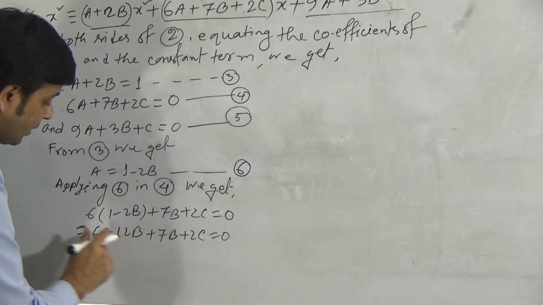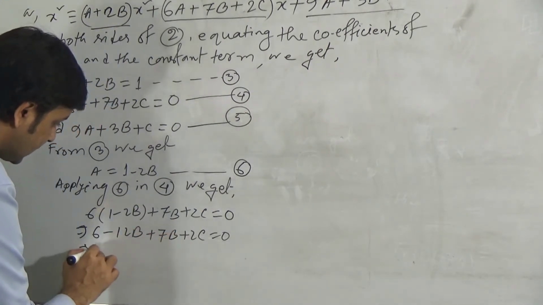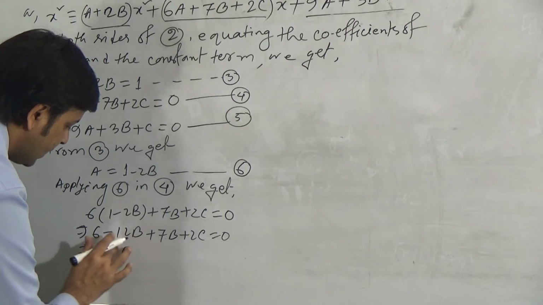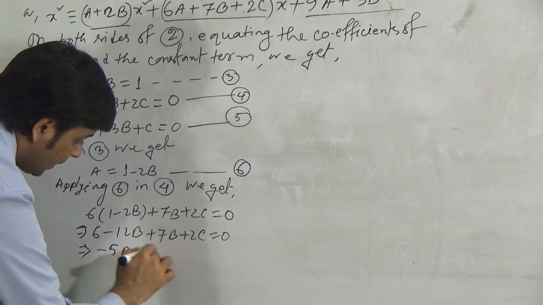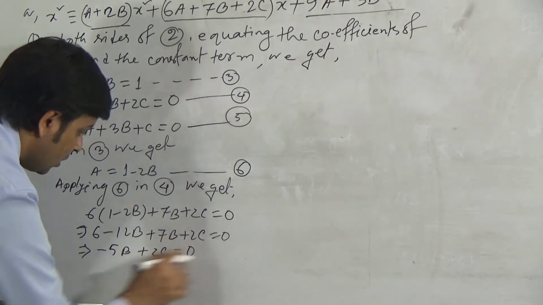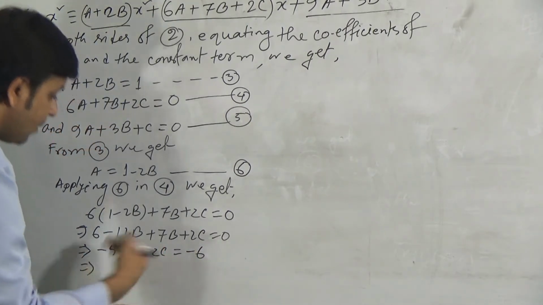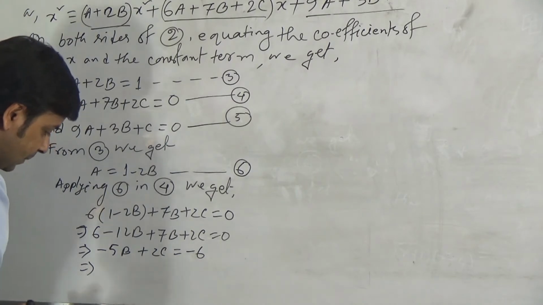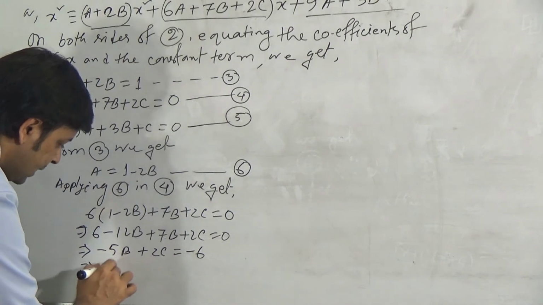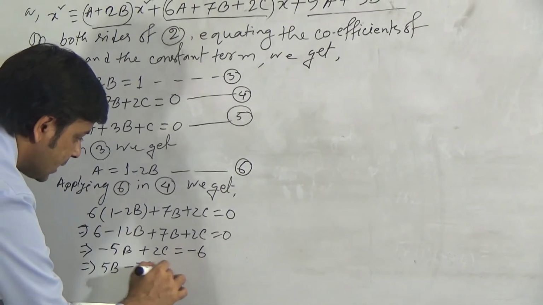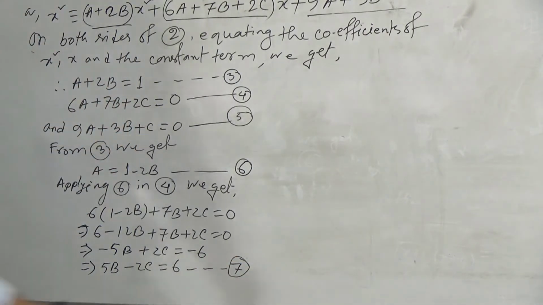We can take this 6 to the right side, and if we calculate, we will get minus 5b plus 2c is equal to minus 6. This 6 will go to the right side, so that is minus 6. So we can multiply both sides by minus 1. So we'll get here 5b minus 2c is equal to 6. That is equation 7.